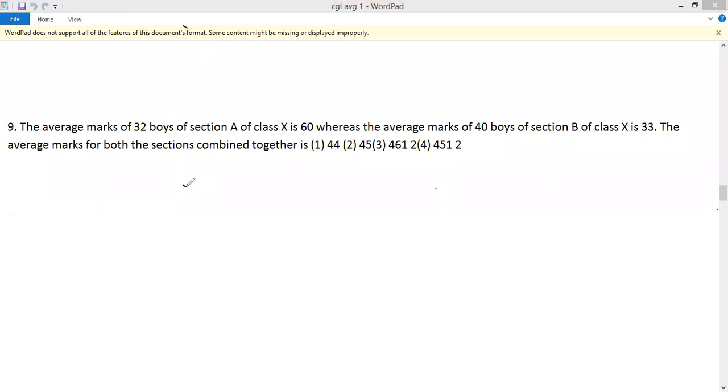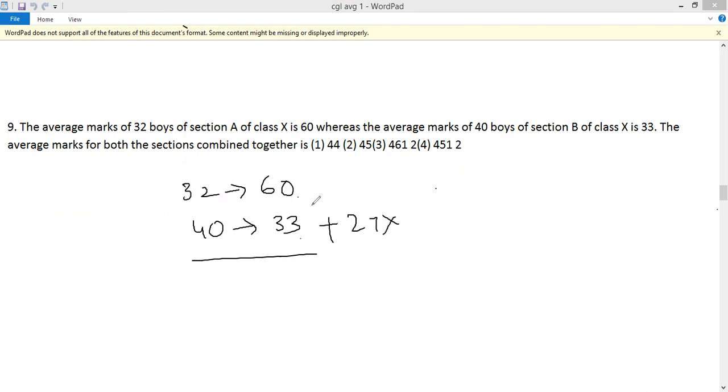These are previous years' questions. 32 boys 60, 40 boys 33. I am saying the value in between. Okay, 33 plus. What is the difference? Difference is how much? 27. This 27 is higher for how many students? 32. You have to find the average for all. So 70. Right?